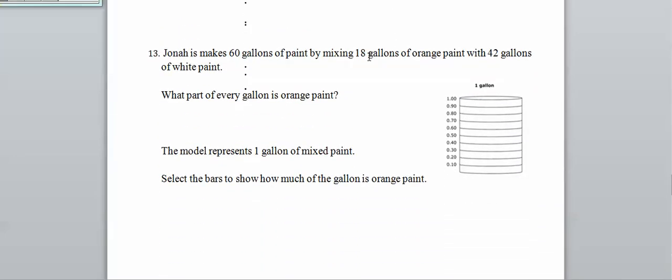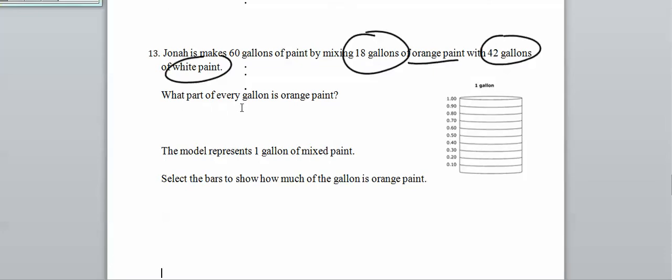Jonah is making 60 gallons of paint by mixing 18 gallons of orange paint with 42 gallons of white paint. What part of every gallon is orange paint?